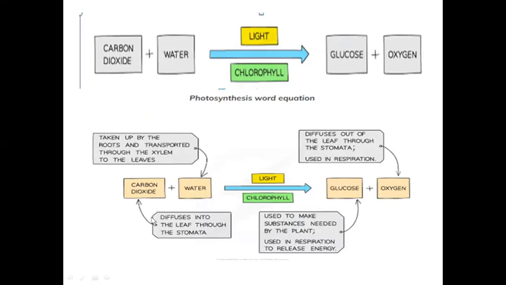See, carbon dioxide gas diffuses into the leaf through the stomata. Diffusion means the molecules move from high concentration to lower concentration. So carbon dioxide gas, which is 0.04% in the environment, is absorbed by the leaf. In the leaf, there is a small opening called the stomata.